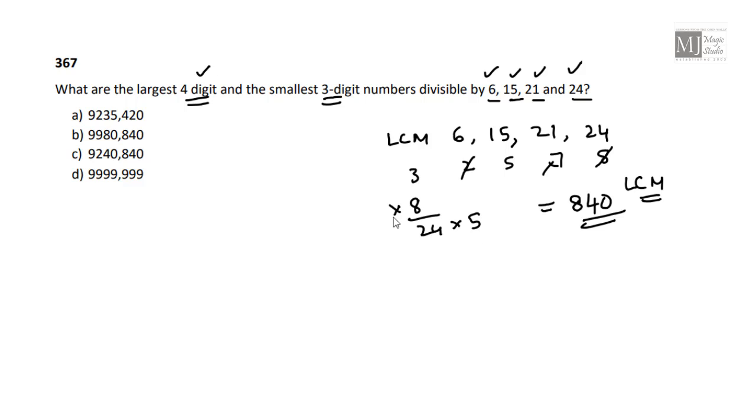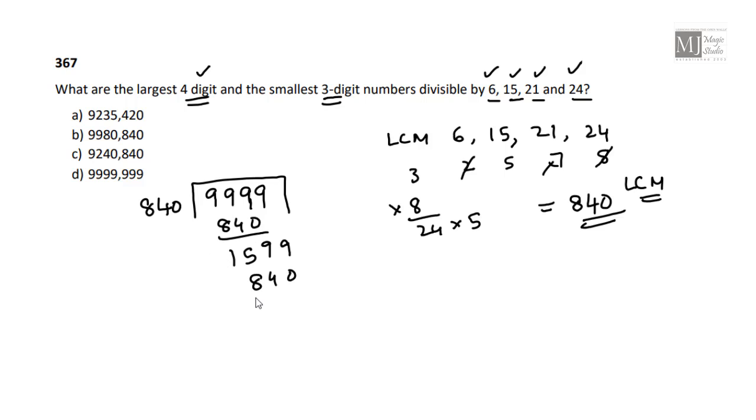Now we are looking for the largest 4-digit number. Largest 4-digit number would be a multiple of 840 only. So for that, the largest 4-digit number possible is 9999. Let's divide that by 840. 840, I'll get 9, 519, and it will again go one time. 8, 4, 9, 5, 7.